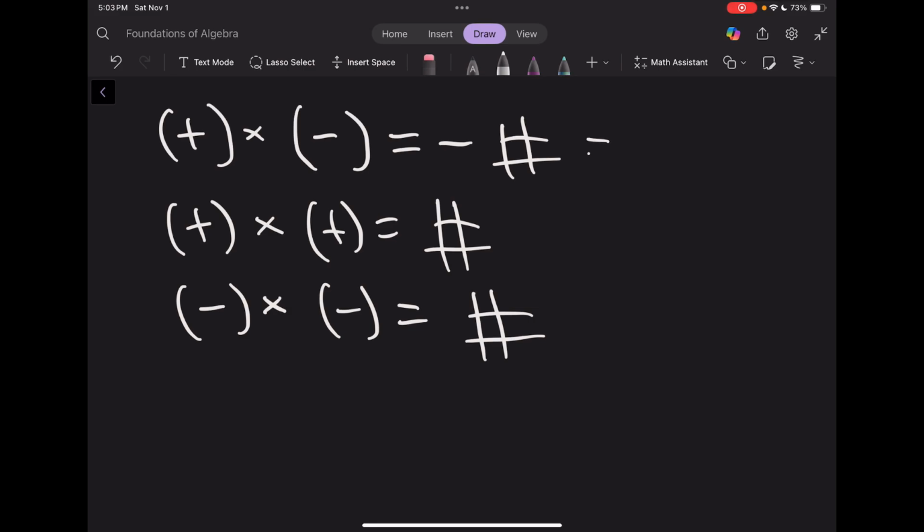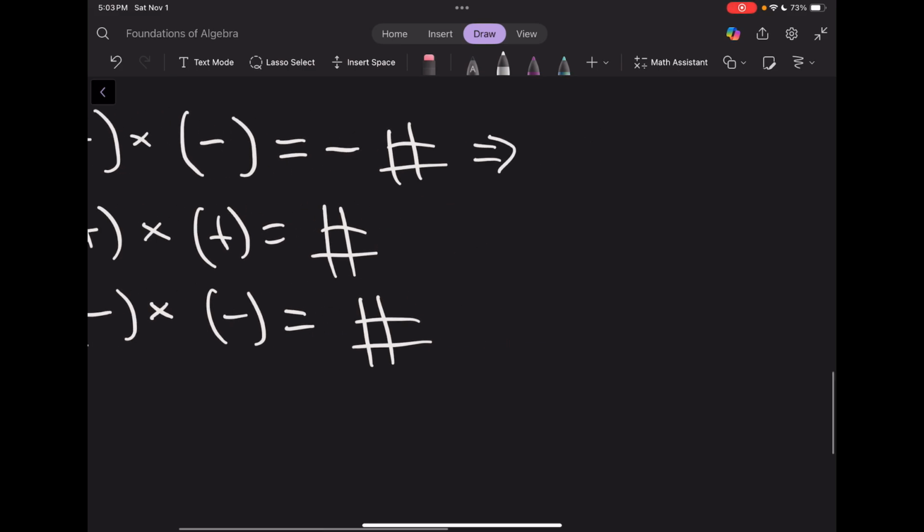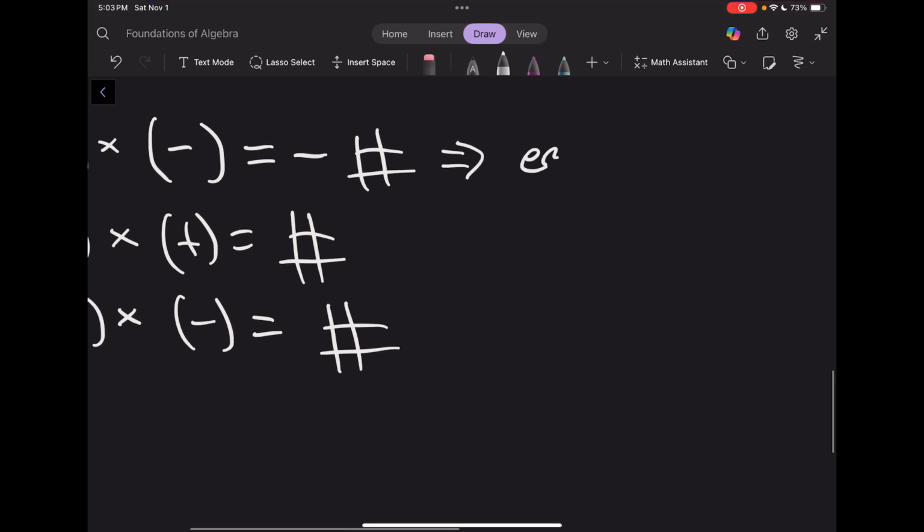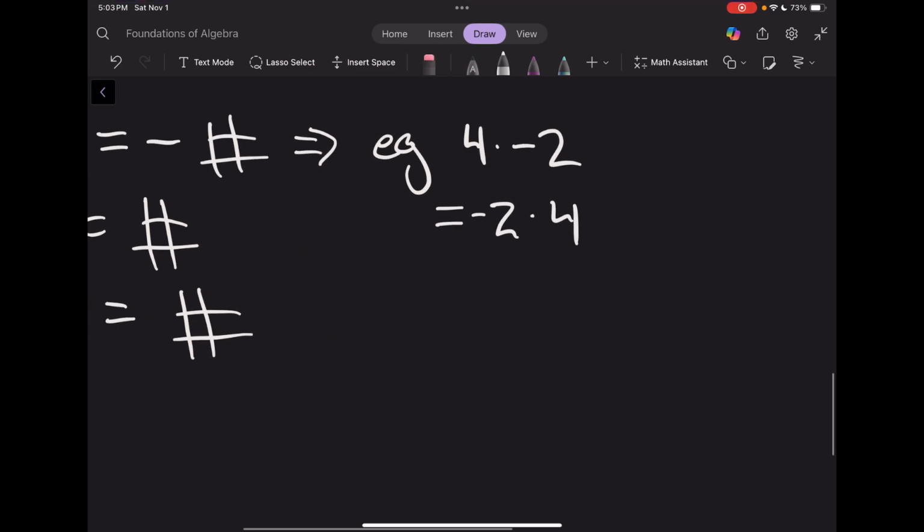But I will say that the reason this one happens is, let's say I have 4 times negative 2, which is also the same as negative 2 times 4, because we can switch them around in this case, which is the same thing as negative 2 plus negative 2 plus negative 2 plus negative 2.